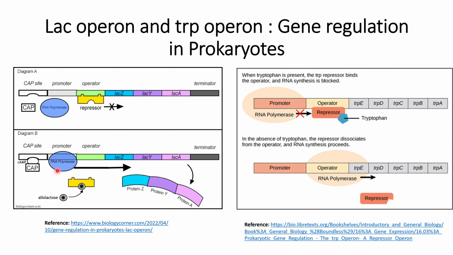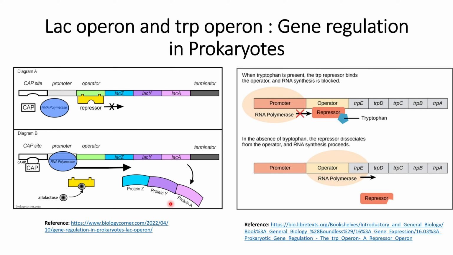However, figure B shows a condition where lactose is present within the E. coli, but it does not have enough glucose necessary for its metabolism. In this case, the lactose will interact with the repressor and remove the repressor from the operator part, and this will allow the RNA polymerase to begin and transcribe this region, that is Lac-Z, Lac-Y and Lac-A.